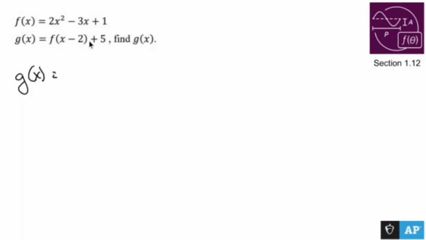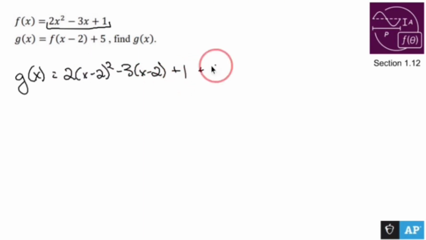So f of x minus 2 means I write out f of x, but replace every x with x minus 2. So 2 times x minus 2 squared minus 3 times x minus 2 plus 1. And then at the very end here, we still have plus 5. So g of x is f of x minus 2 plus 5.